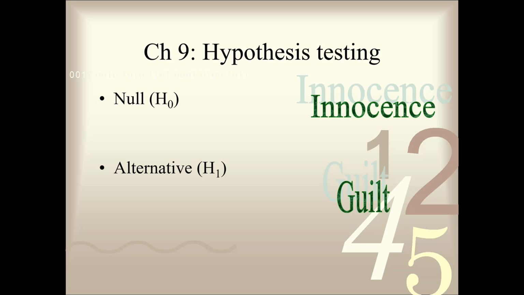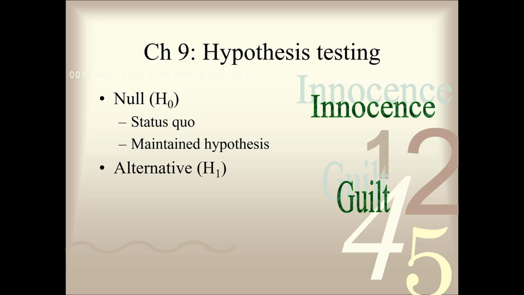Your null hypothesis, or H naught, with that sub-zero there, is going to be basically the status quo. Like, what are you trying to disprove? It's generally something that's given to be true until we prove otherwise, like innocent. When you have a trial, you assume someone's innocent until you can prove guilt. So basically the null is what you're trying to disprove with the alternate hypothesis.